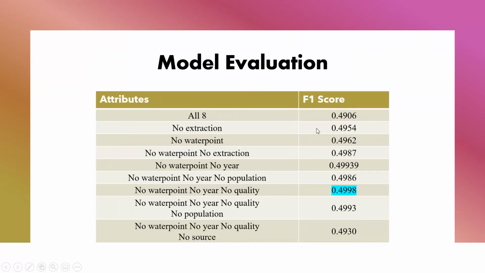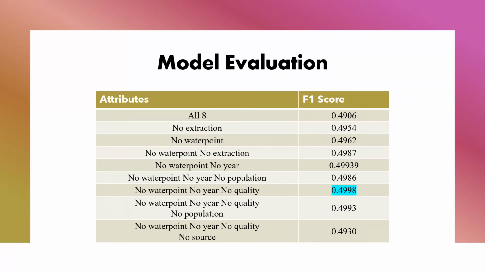There was some improvement, most of it made when I removed water point. So from there on out, I would not use the water point attribute. Then moving forward, I removed all of the other attributes along with water point, and the top 2 improvements were with extraction and year. But year had a better F1 score, so I then removed year from the attributes.